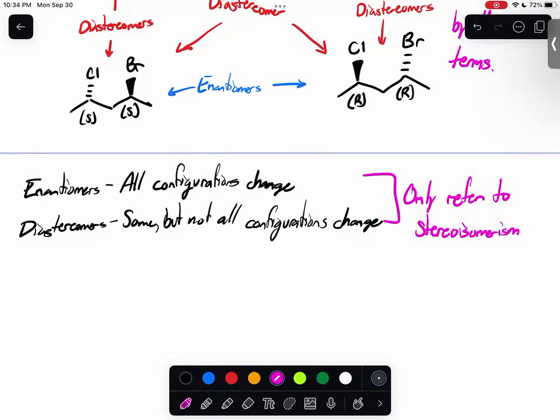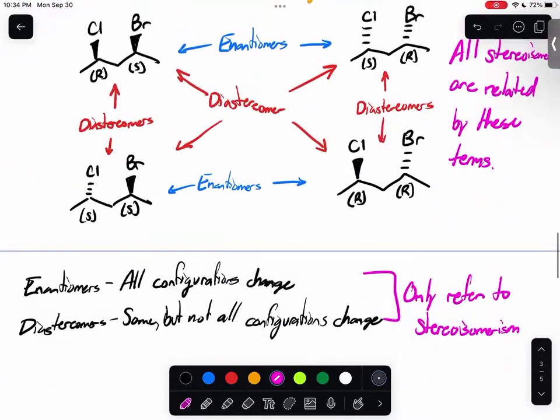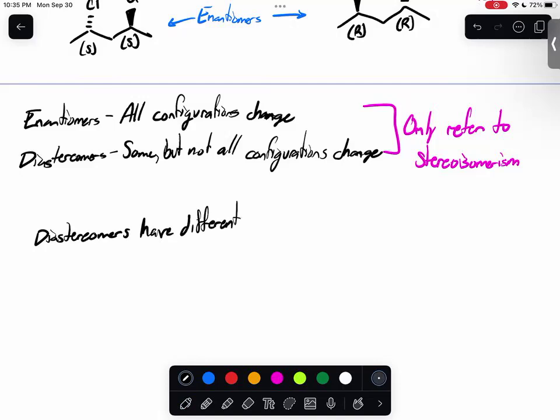Now then, an interesting thing about these diastereomers, right? Because keep in mind, we were talking a little bit about them before we got into this conversation here, is that they do have something different about them in comparison to enantiomers, right? And that is that diastereomers actually have different physical and chemical properties.